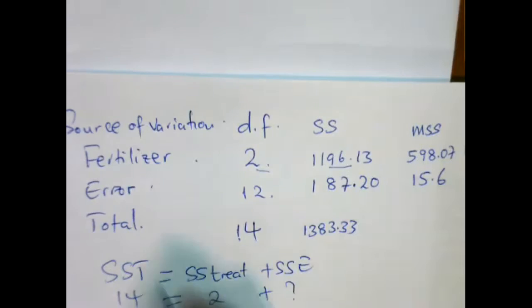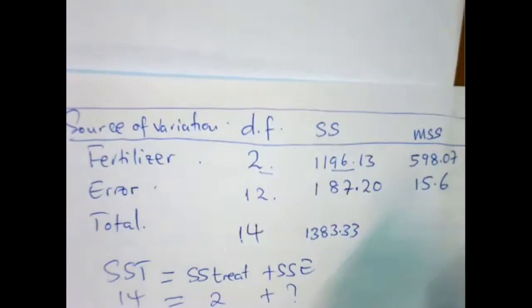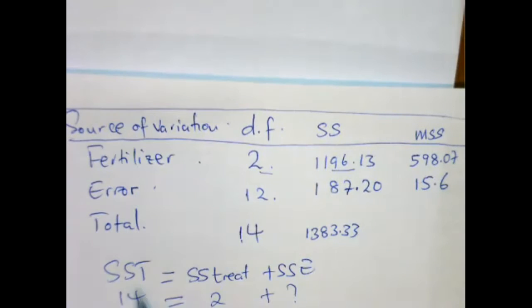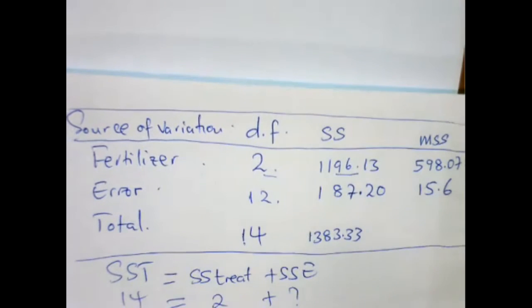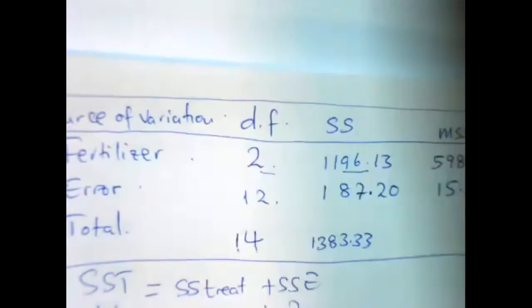So check, this is a table. Let me just put the lines so that all of us will appreciate that it's a table, you see? So it ends here. This is what we call the ANOVA table. Let me see if I can bring this back so that the entire table is displayed here.